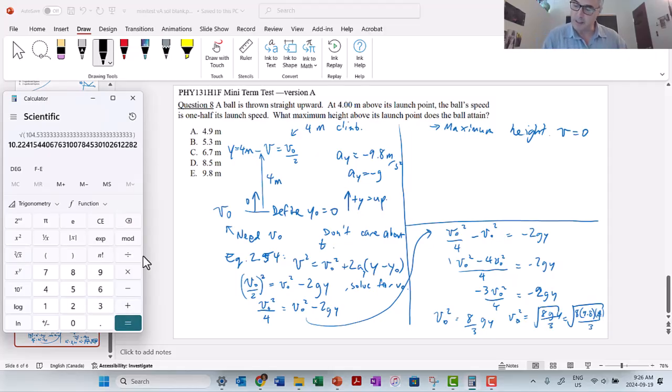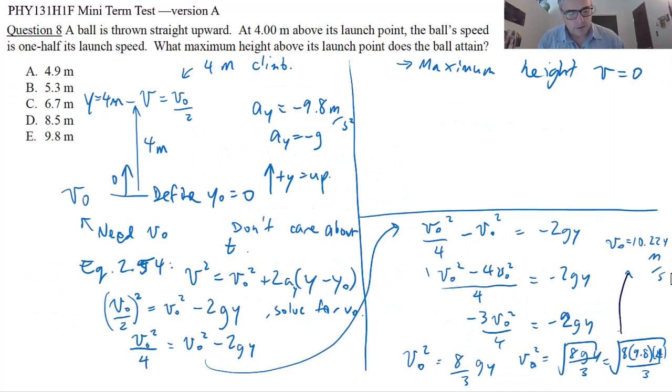So the initial speed is 10.224 meters per second. So now I use that, v0 is equal to 10.224 meters per second. I know that from this first information, and again, v final is 0 because it's reached its maximum height.